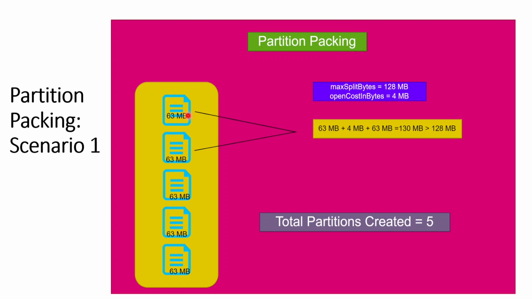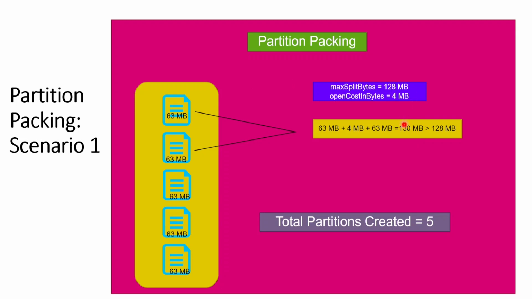So in this example, the Spark engine will take the first file, that is 63 megabytes. Then, in order to combine another file, it will add the overhead or buffer memory, that is 4 megabytes. Then it will add the second file, 63. In order to combine these two files, we need 130 megabytes, which is greater than 128 megabytes.